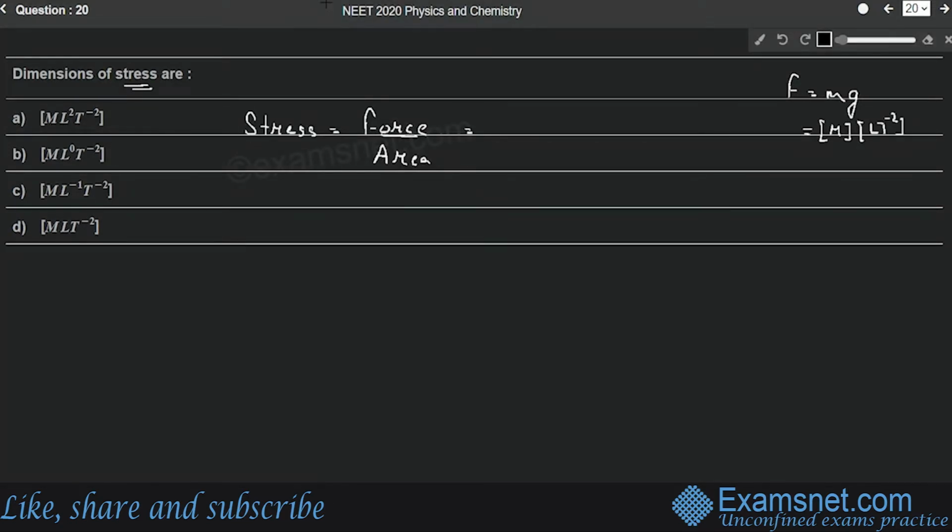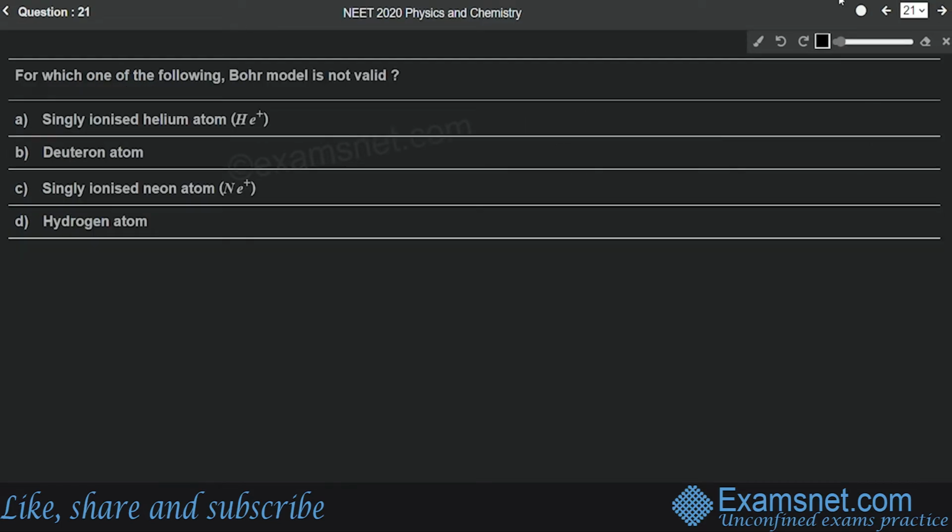So the dimension for force will be MLT^-2. And the dimension of area is L². So what will be the dimension of stress? It will be equal to ML^-1T^-2. So out of the given options, option C will be the correct answer.